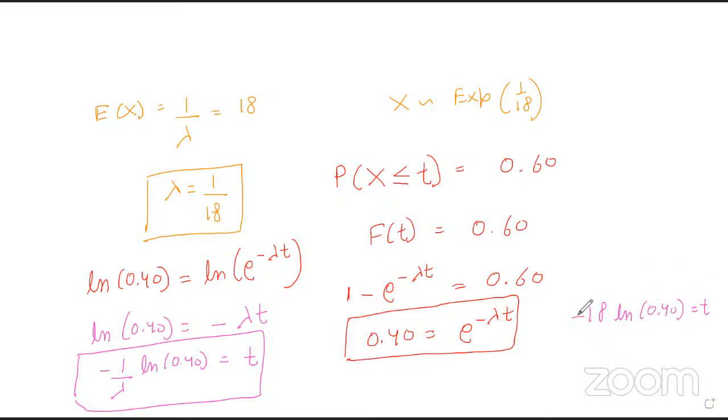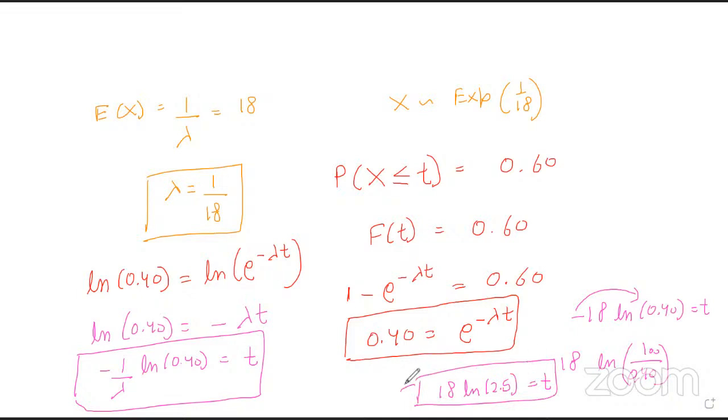Whenever you take the negative inside the natural log, it becomes raised to the power minus 1, which is nothing but 1 over 0.40. So if you solve it, it becomes 18 ln 2.5.